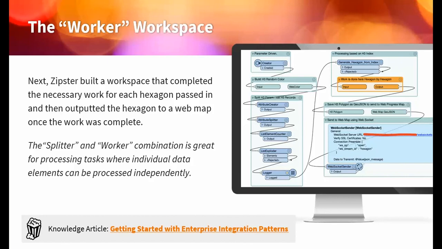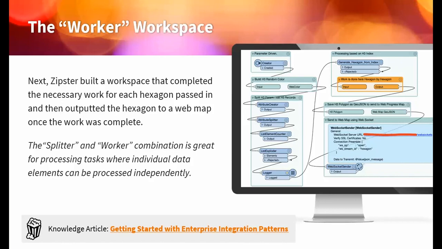Similarly, once the jobs are being processed, you can get the output in real time using the worker workspace. So as you are getting the output from individual splitter workspaces or individual engines, you can actually see the results in your web map or in your output by using the worker workspace.